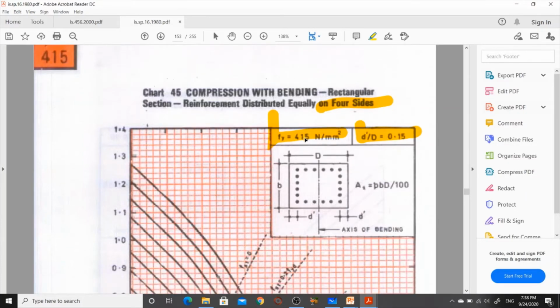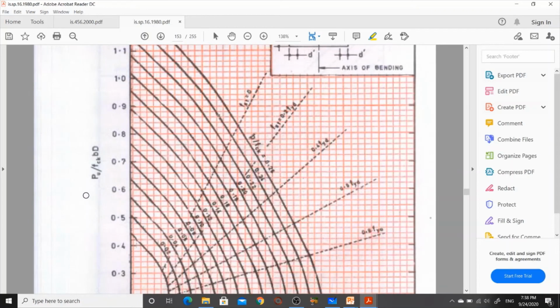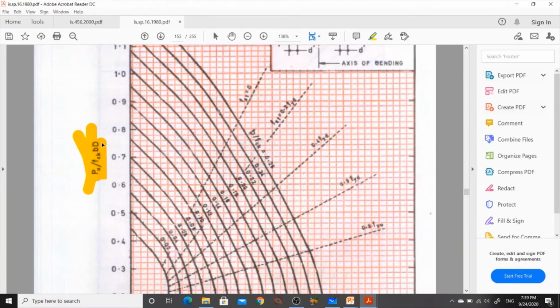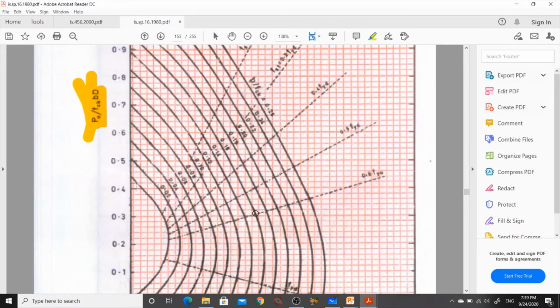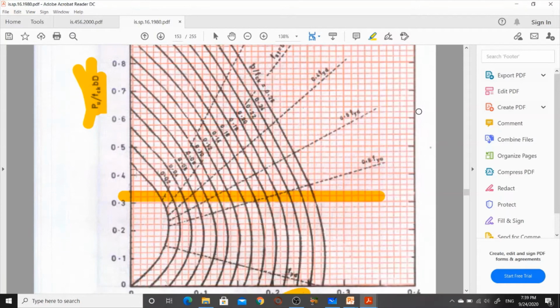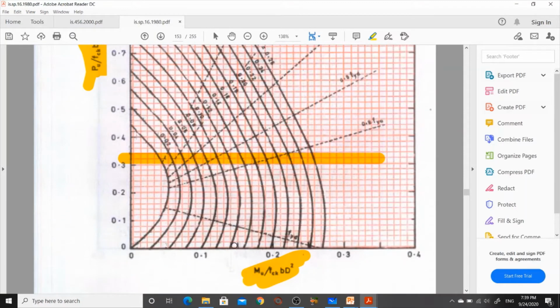Look at this chart. Here we have Pu by fck bd and Mu by fck bd squared, so we have two values. Pu by fck is 0.325, meaning nearer to this. The same for Mu by fck bd squared, which is 0.15.